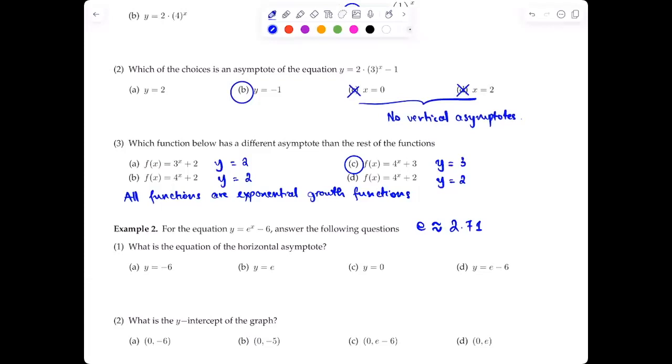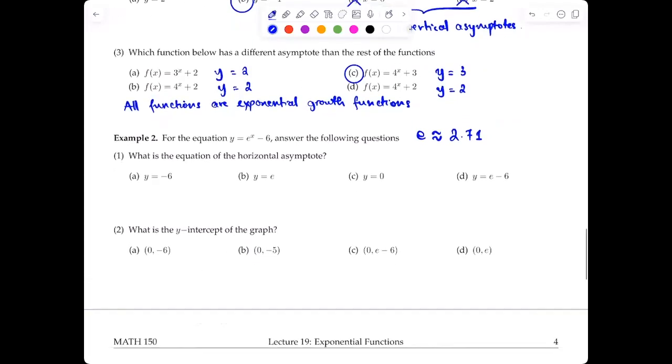So therefore, the horizontal asymptote of this function is y equals -6. So here, exponential growth, horizontal asymptote is y equals -6. Now to find the y-intercept, again, you set x equal to 0.